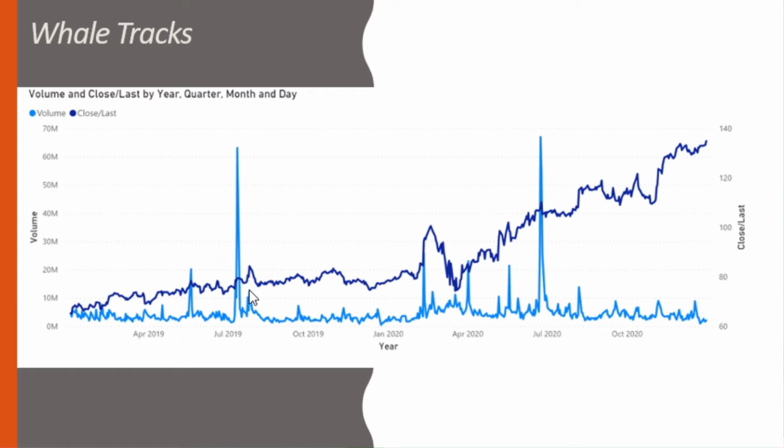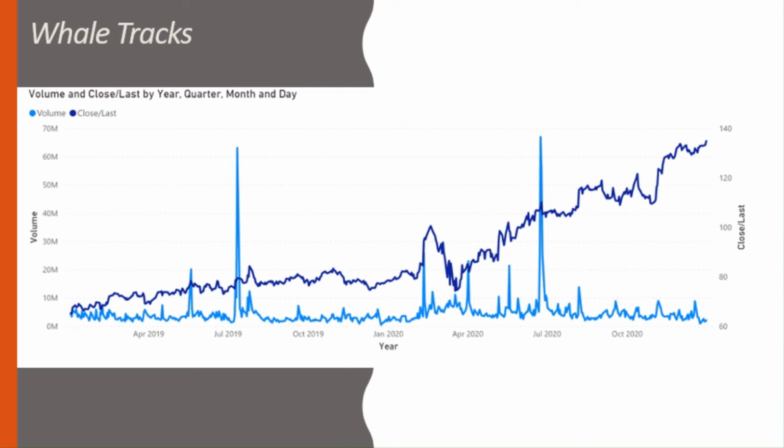Where these peaks are in both the volume and the stock price line, that can indicate a potential final rally, so the end of a trend, a high price trend, followed by, again, a decrease in both volume and price coming down this slope here.